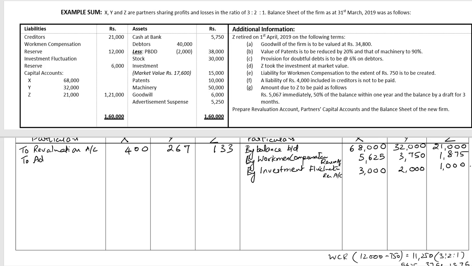There's a fictitious asset, advertisement suspense. Let's write it off. To advertisement suspense account, we need to divide 5,250 in 3:2:1.